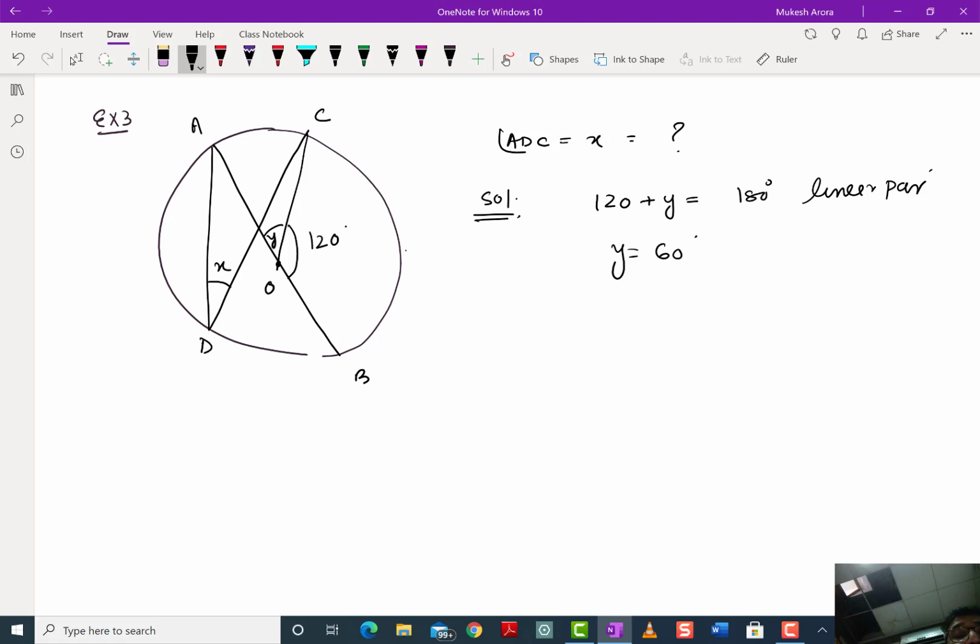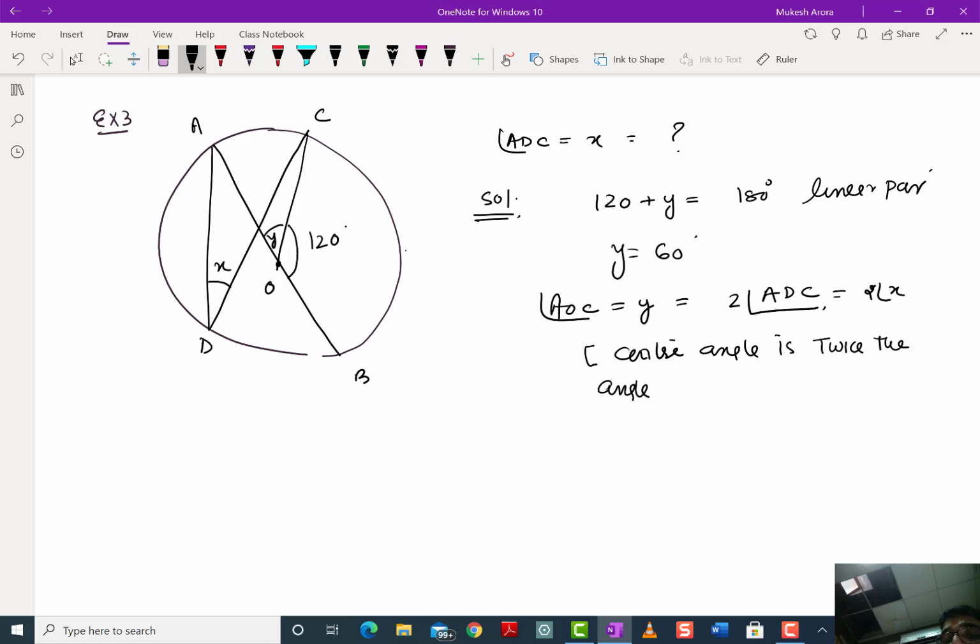So angle AOC, which is equal to Y, is equal to twice the angle ADC or twice of angle X, because center angle is twice the angle subtended at the arc. So 60 is equal to 2 times X, so X is equal to 30 degrees.